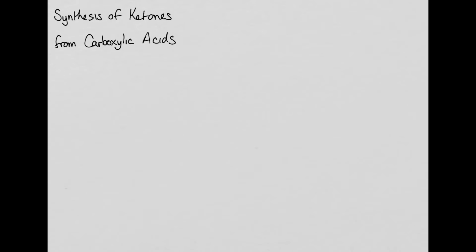Treatment of a carboxylic acid with a reducing agent or an organometallic reagent typically leads to deprotonation of the acidic proton, because the reducing reagent or the organometallic reagent acts as a base.